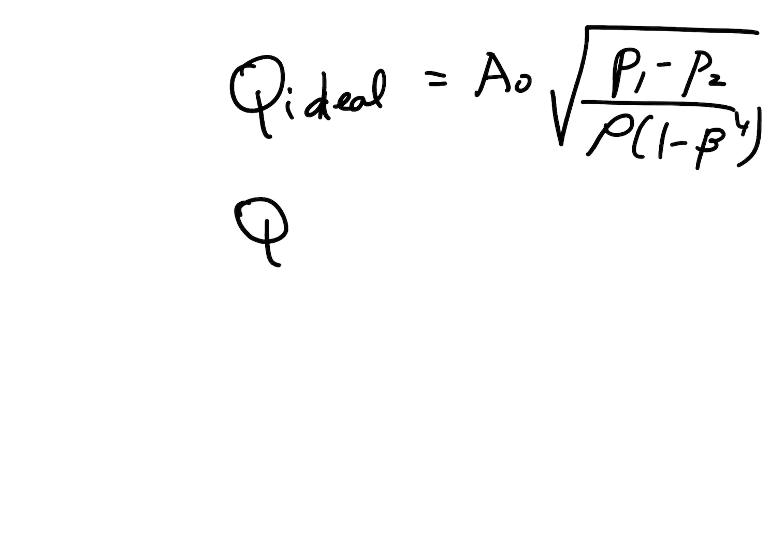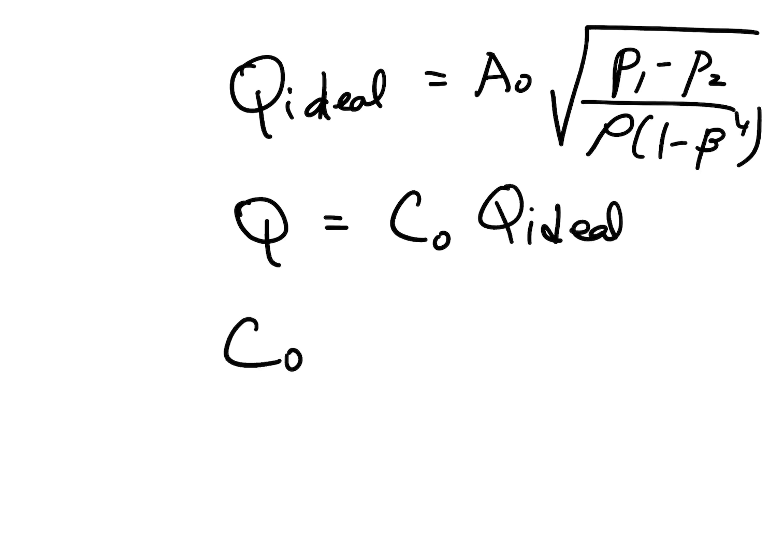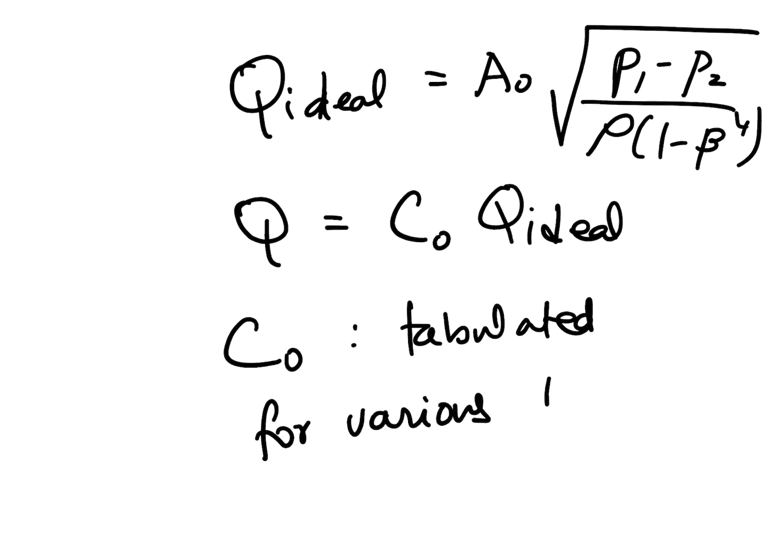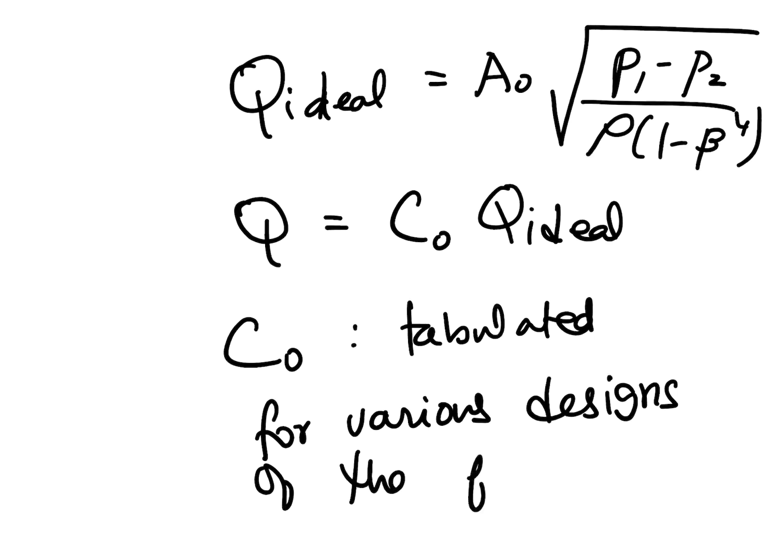The Q real would be C naught times Q ideal, and what we need is a tabulation of C naught for various designs of the flow constriction.